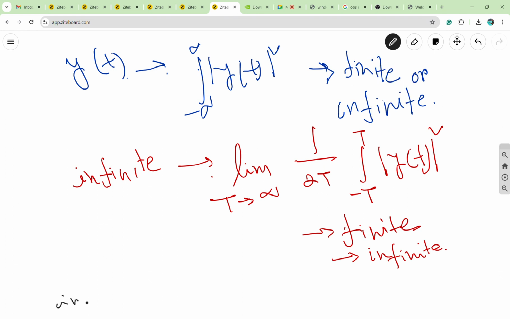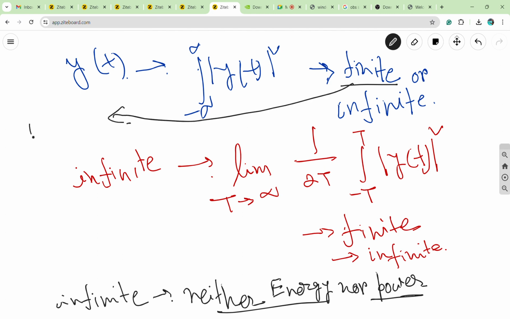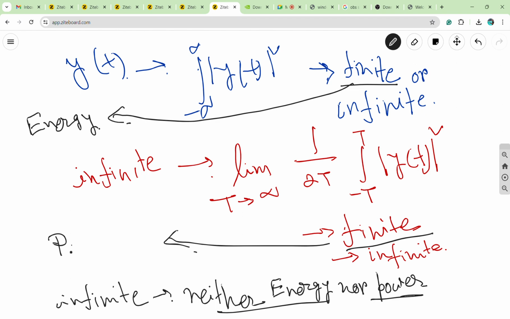And if that is infinite, it becomes neither energy nor power. If this is finite, then it is energy. If this is finite, it is actually power. So it comes in this step by step process.